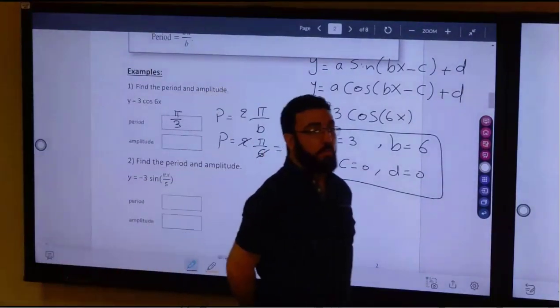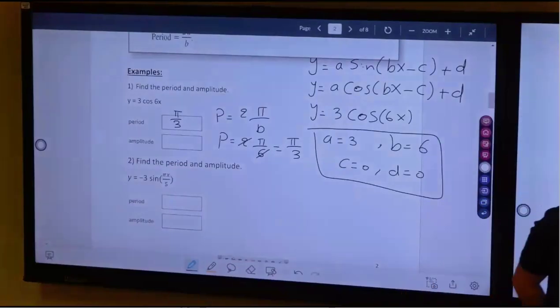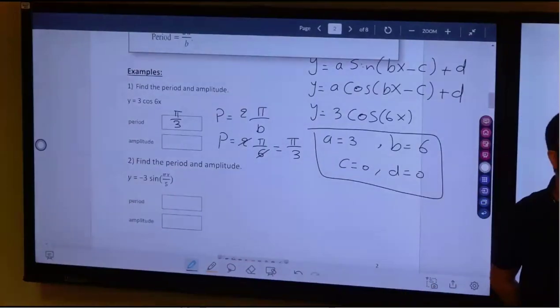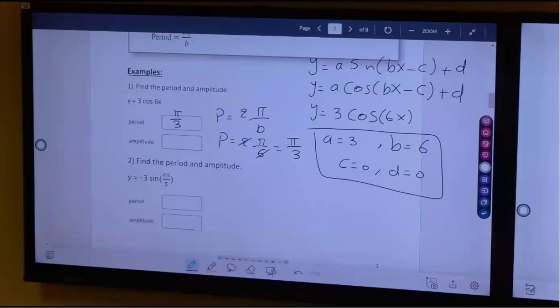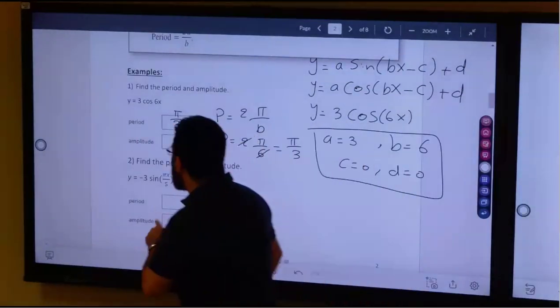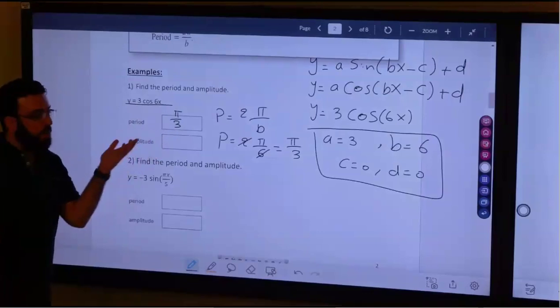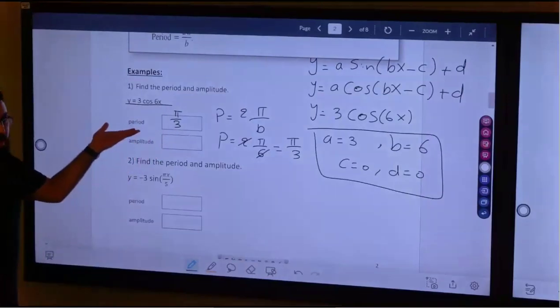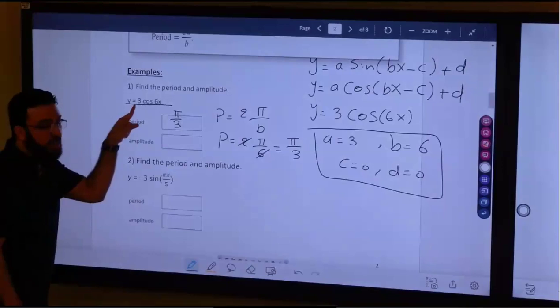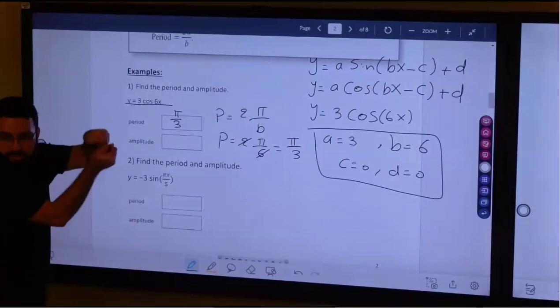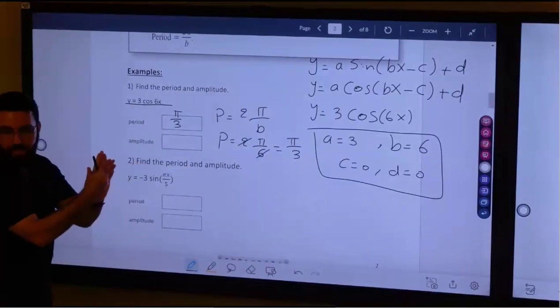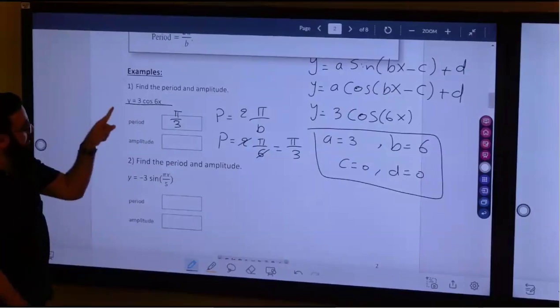What we said, for the period for the sine and cosine, the period is 2 pi. But the period for this one equals what? Pi over 3. So think, what happened to the function? The function is stretched, so the period is going to be lower, by 3.